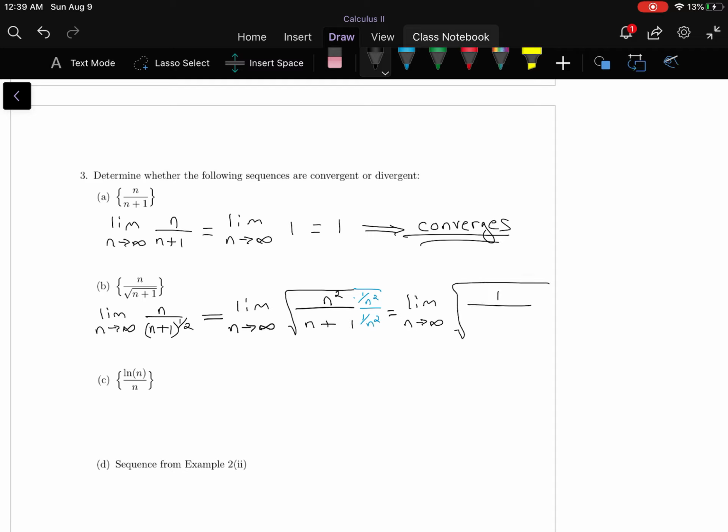On top we have 1, on bottom we have 1 over n plus 1 over n squared. What I recognize is that 1 over n goes to 0 as n gets bigger, and 1 over n squared also goes to 0. And so we have 1 over 0, which means that this limit goes to infinity. And so this is divergent.